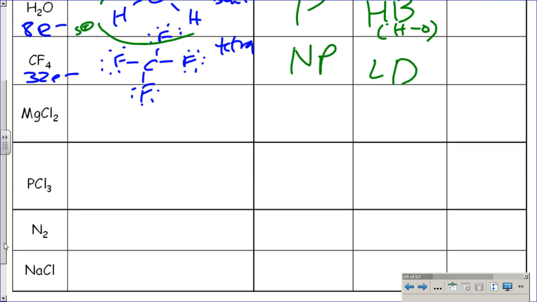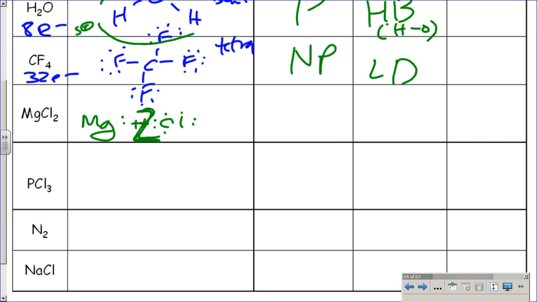Next one, ionic or covalent? How do you know it's ionic? Magnesium is a metal. So you don't draw your Lewis structures here like normal. You draw them with a donation process. You show them donated. So magnesium plus chlorine, and there's only 7 electrons here. And there's 2 chlorines, right? There's 2 of those.